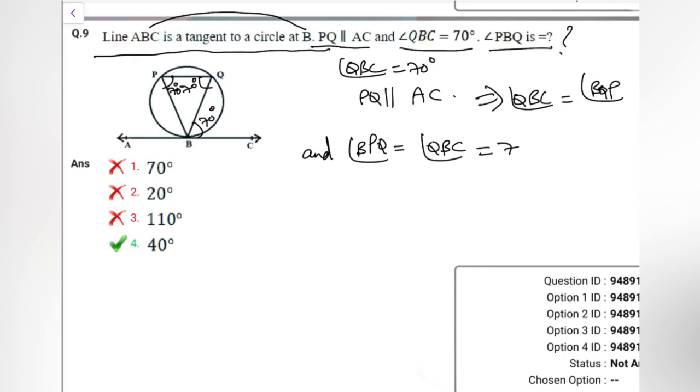So this is also equal to 70 degrees, this is also equal to 70 degrees. So angle PBQ is equal to 180 degrees minus 140 degrees, which is 40 degrees. Option number 4.